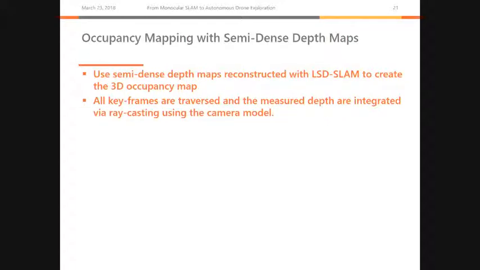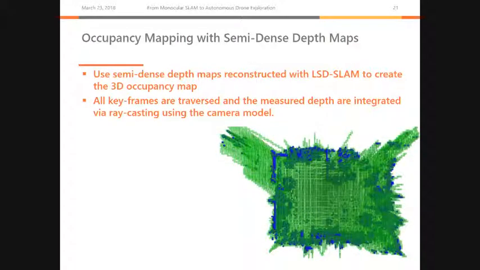With the camera, they do the ray casting, and they get the information for these parts of the occupancy map, like this. This is one example of how an environment looks after calculating the occupancy map. The blue voxels are the occupied ones, and the green are traversable.